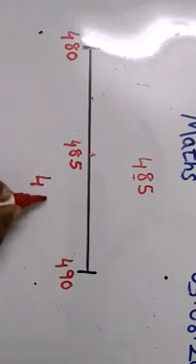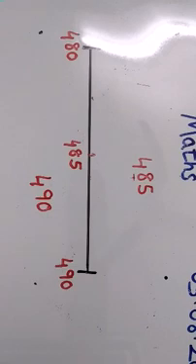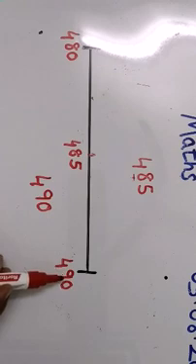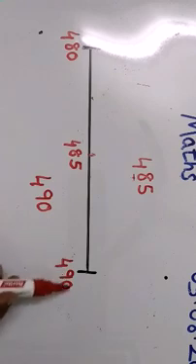So my answer would be 490. We said this last time: if it is 5 or more than 5, then we have to round the number to the higher side, that is 490.